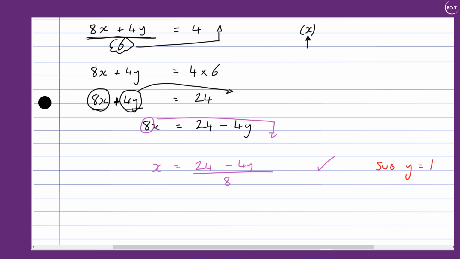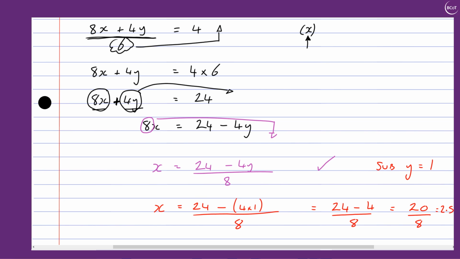say y is equal to 1, then what this will become is x equals 24 minus 4 lots of 1, because it's 4y, over 8, which is equal to 24, take away 4, all over 8, which is equal to 20 divided by 8. 8 goes into 20 twice, that's 16, then a half of 8 makes 20, so that is 2.5.